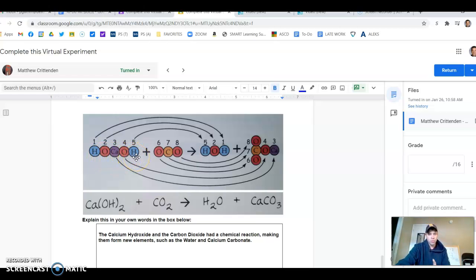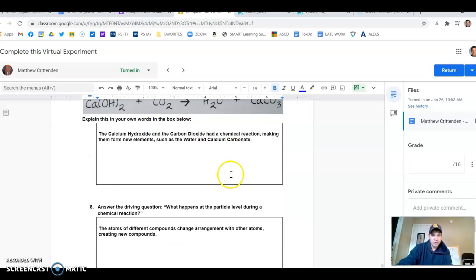And if we would have had just one particle of carbon dioxide, it would have had oxygen, carbon, oxygen. Altogether, that's 8. Well, those same 8 atoms are still there as the products after this chemical reaction occurred, but they're rearranged, right? They're no longer calcium hydroxide and carbon dioxide, but now they're just water and chalk. Okay? And that's really what I was hoping you got to down here.